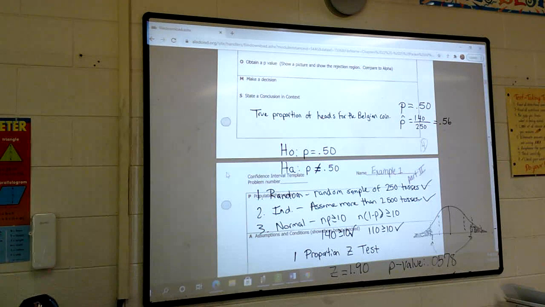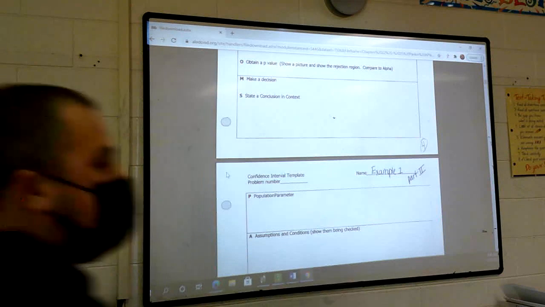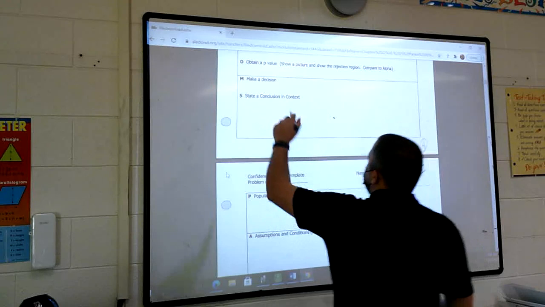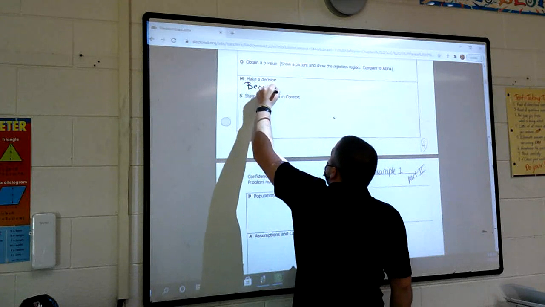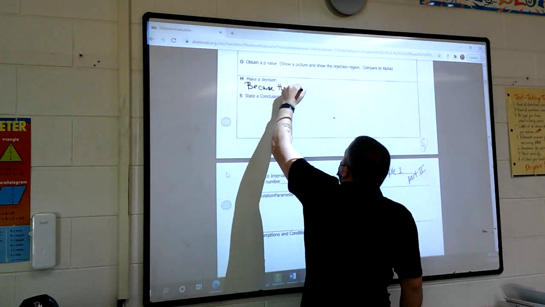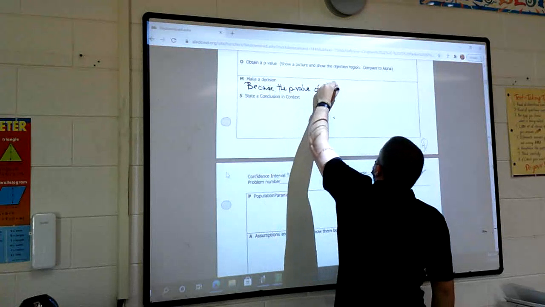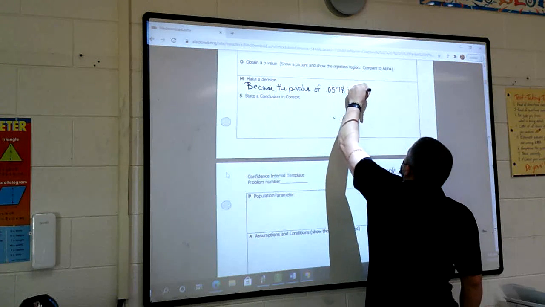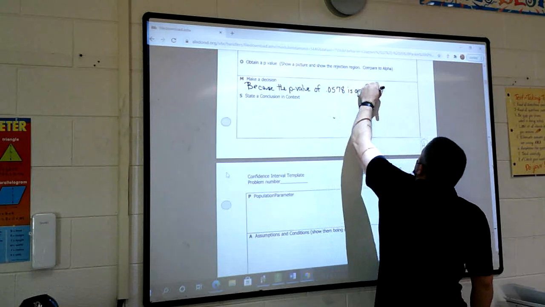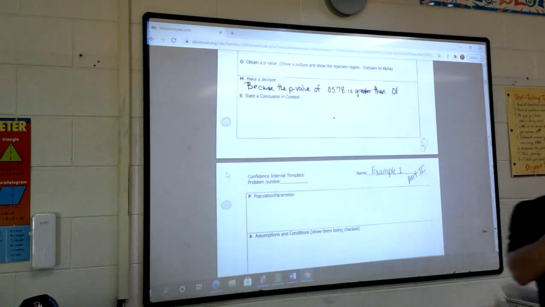What's different in this problem from the first one, first of all, is that 0.01 is our significance level. So we're going to say, because the p-value of, what was the p-value again? 0.0578 is greater than 0.01, because we compare it to our significance level.